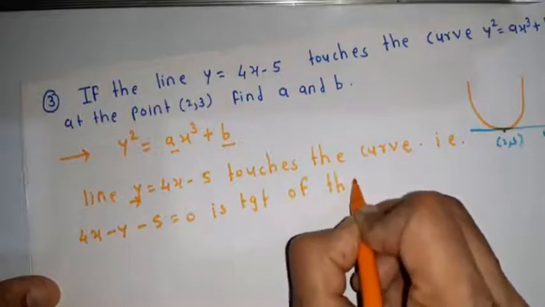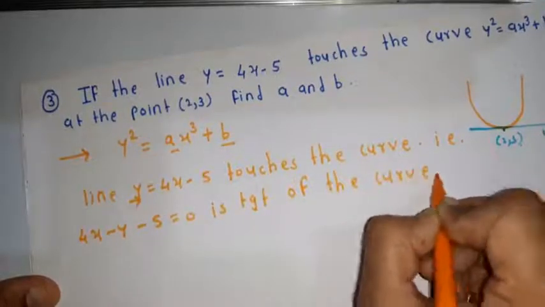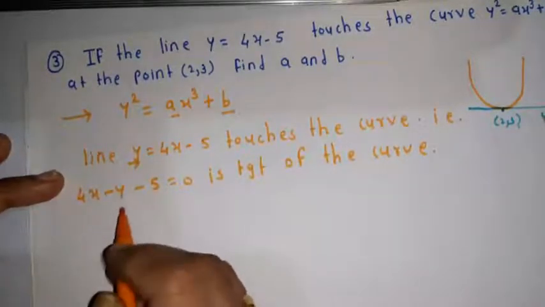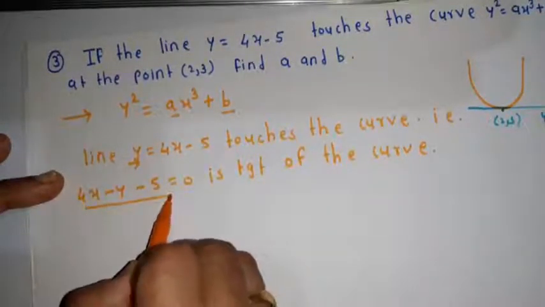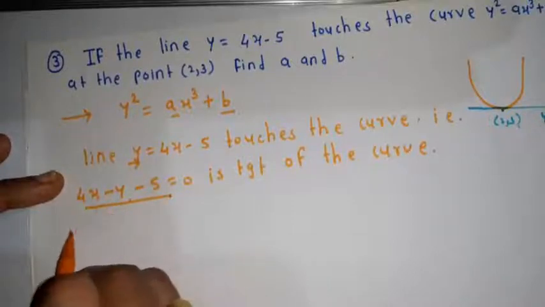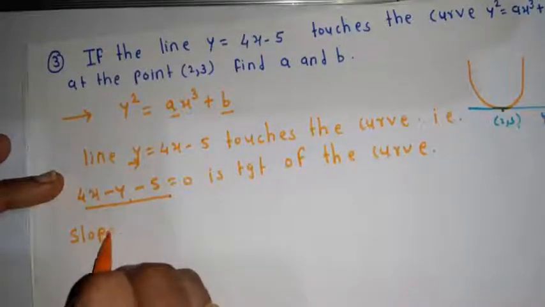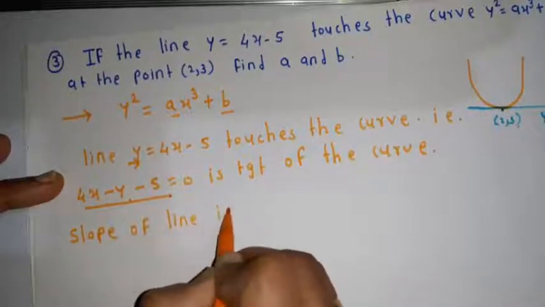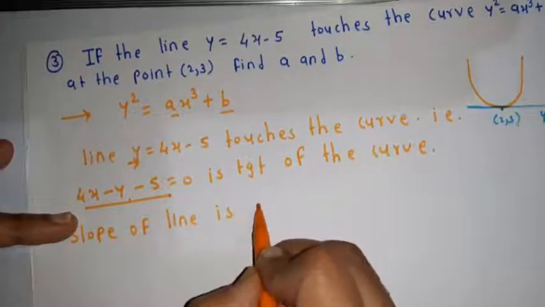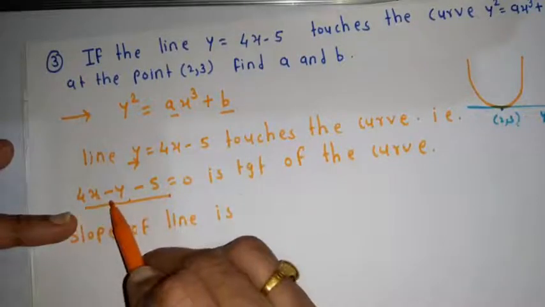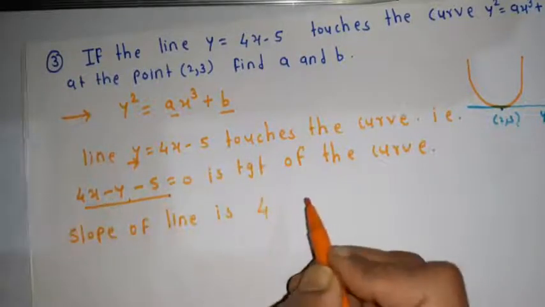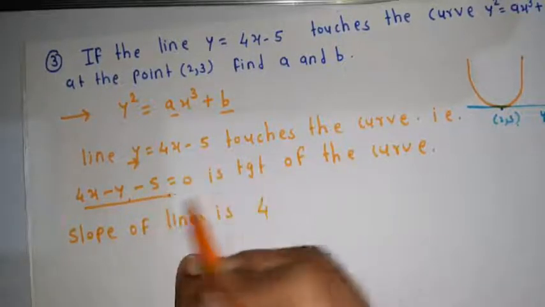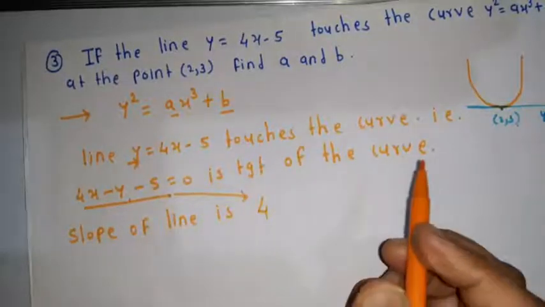Okay students, this is the tangent of the curve, and therefore the slope of line is minus a upon b, that is minus 4 upon minus 1, that is 4. Slope of line is 4. Okay, from the line the slope is 4.